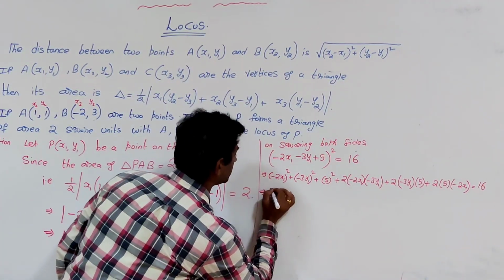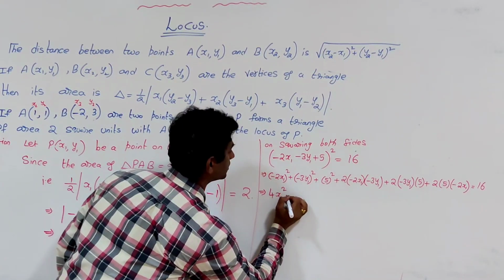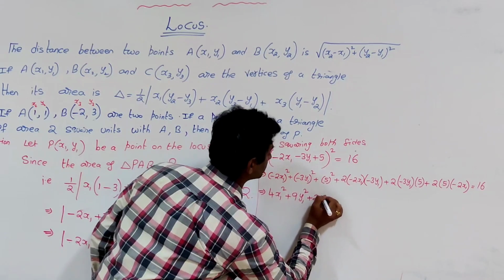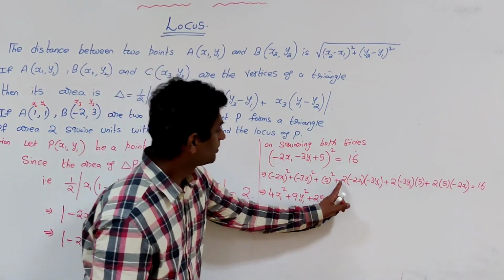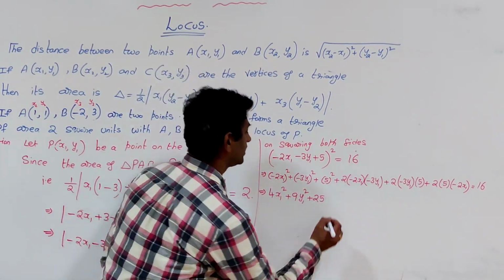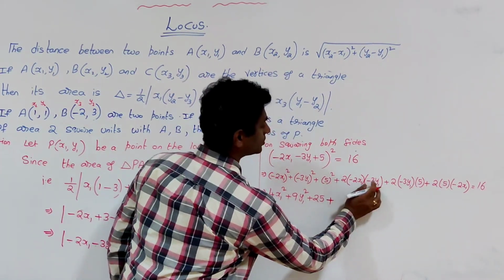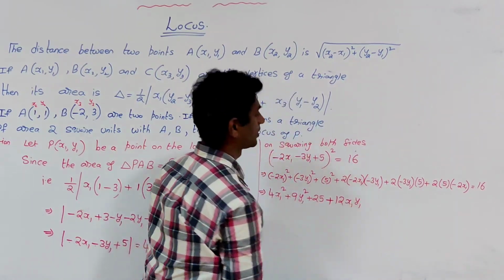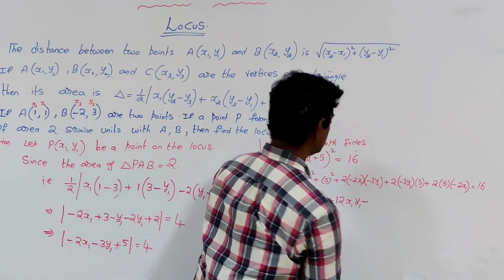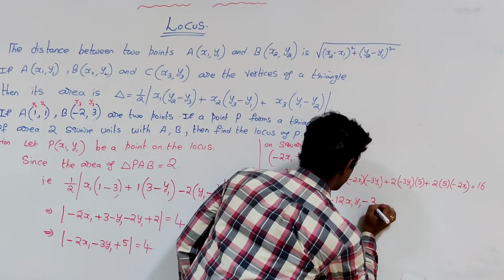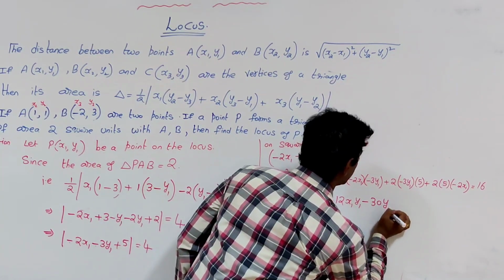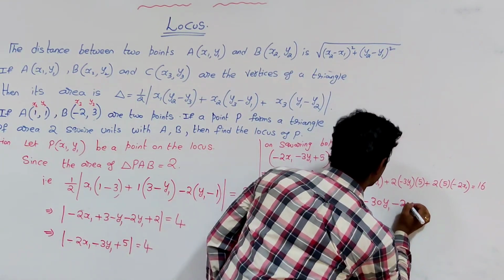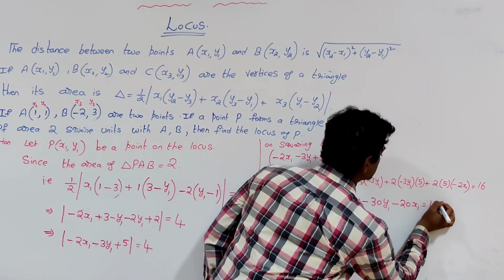So it will be 4x1 square plus 9y1 square plus 25, plus, minus into minus becomes plus, 12 x1y1, minus 30y1, minus 20x1 is equal to 16.